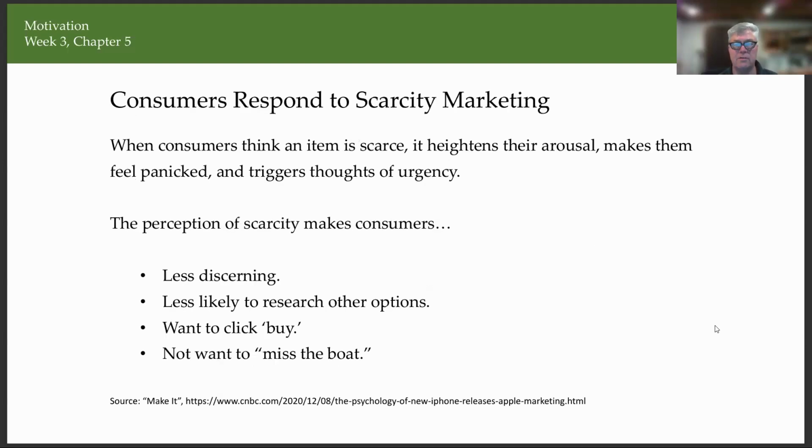Consumers respond to scarcity marketing. When consumers think an item is scarce, it heightens their arousal, makes them feel panicked, and triggers thoughts of urgency. The perception of scarcity makes consumers less discerning, less likely to research their options because they don't have time, want to click buy, and not want to miss the boat. That is very involved with the scarcity marketing tactic. Don't miss the boat.